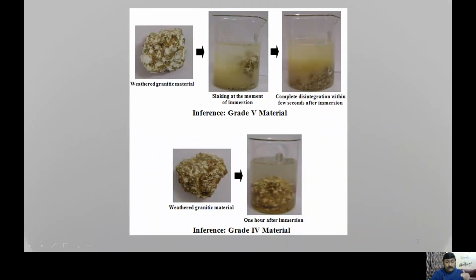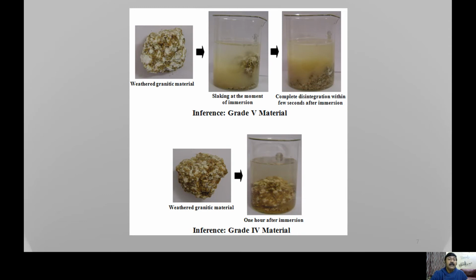One more thing, when we look at this six-fold classification system, since it is based on subjective criteria, it is always confusing to categorize a particular grade, and particularly to distinguish between two adjacent grades.